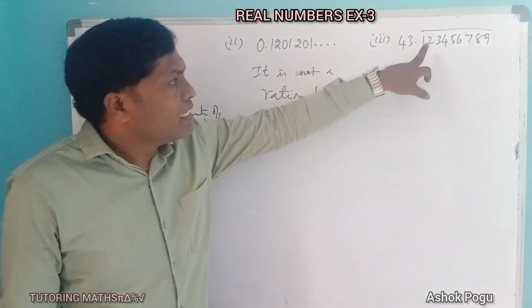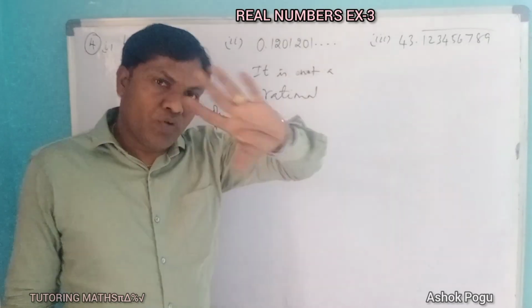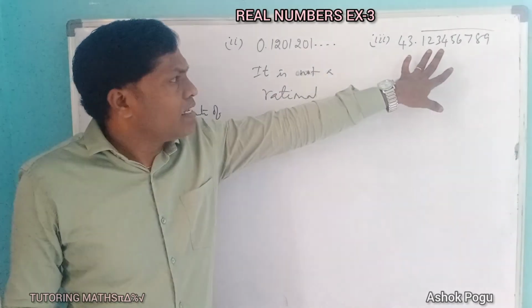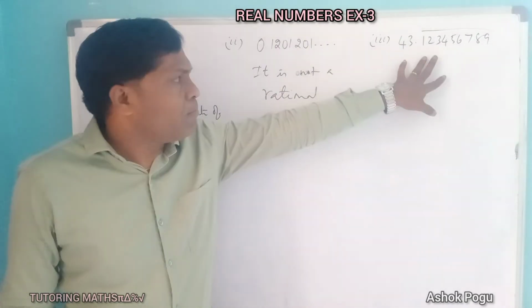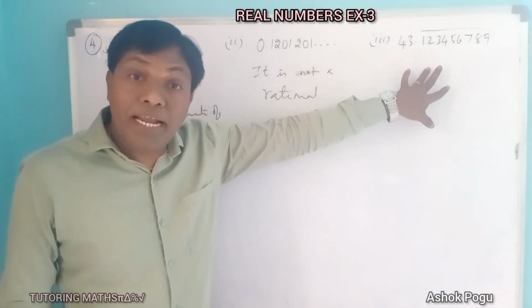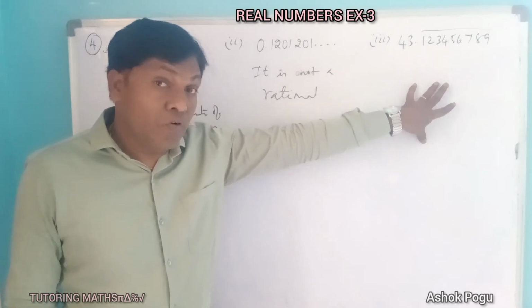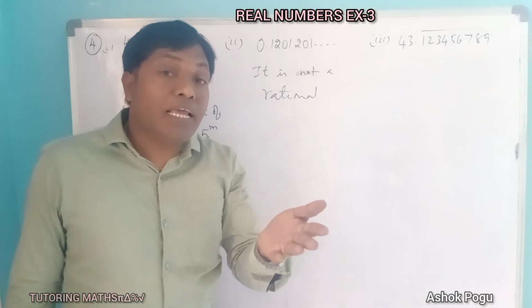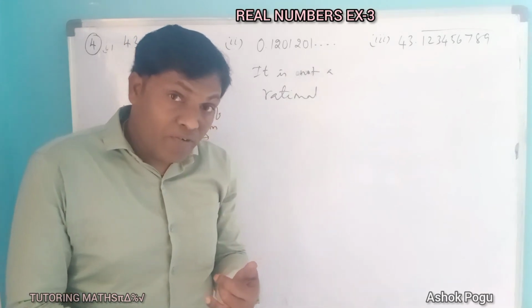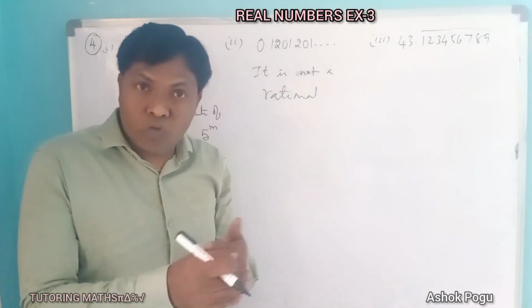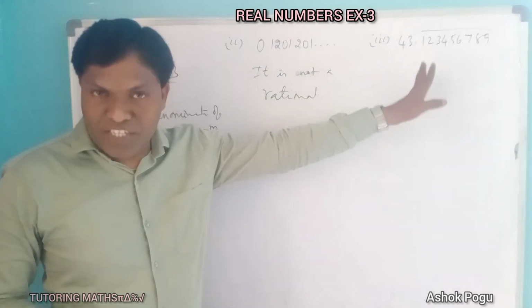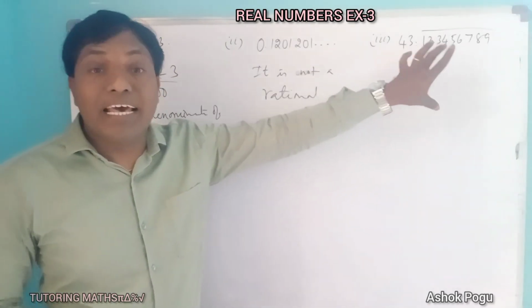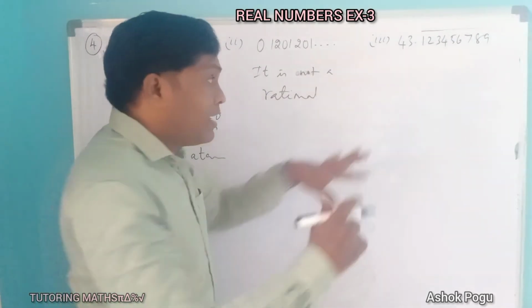So simply you can write your answer here: the given decimal number is a repeating decimal. So therefore the denominator may be either in 2 power n form or 5 power m or both. So therefore it is a rational number.